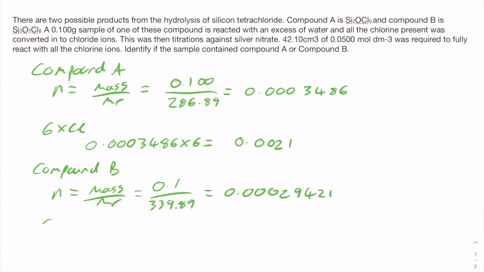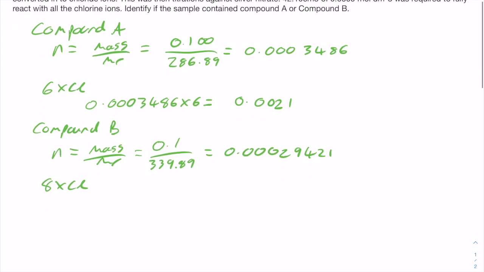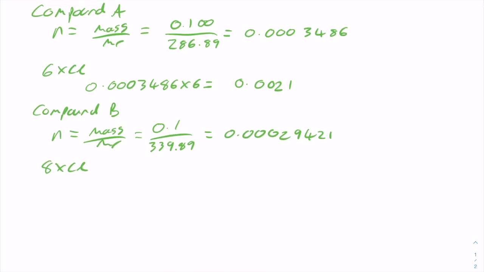I've got 8 chlorines this time, so 8 times 0.00029421 will equal 0.0023. Actually, if I round that up properly, it'd be 0.0024.